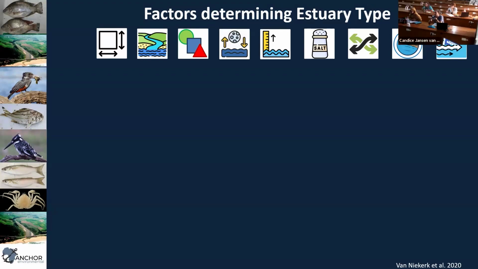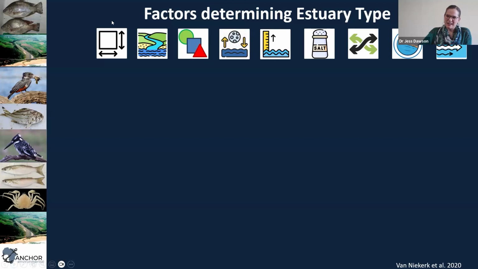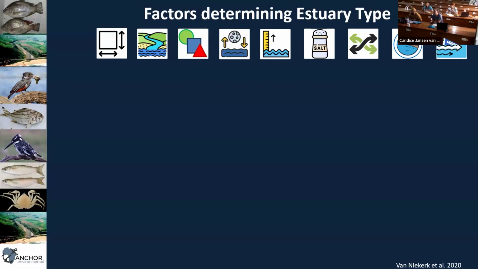Could the second one be the size of the river outlet? Yes, so the shape of the mouth and how the mouth changes. And you kind of got the first one there too, because that's the one that relates to size of the system as well. So what are we missing? The third one? I can see shapes, but... Well, that's exactly it, the shape of the system.